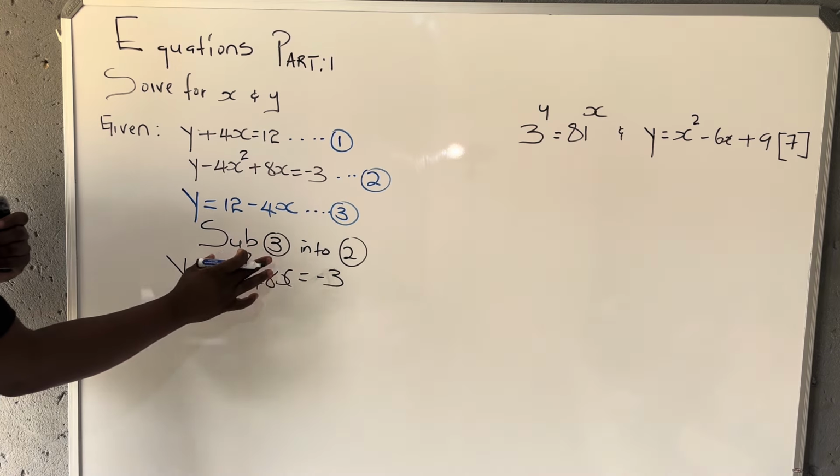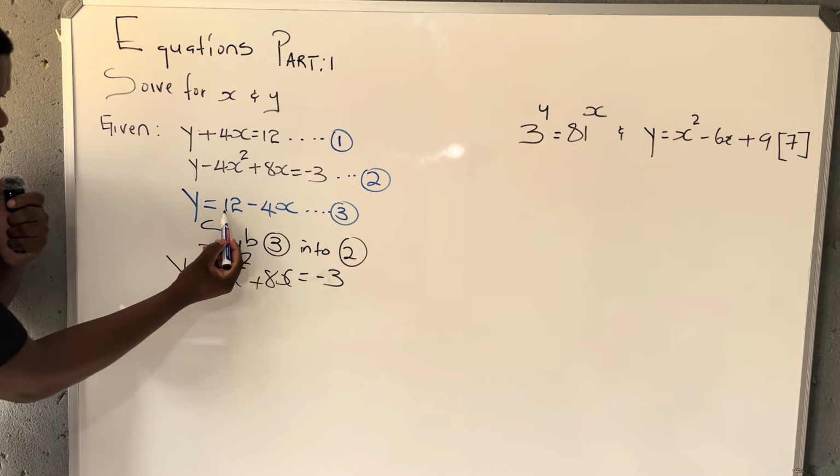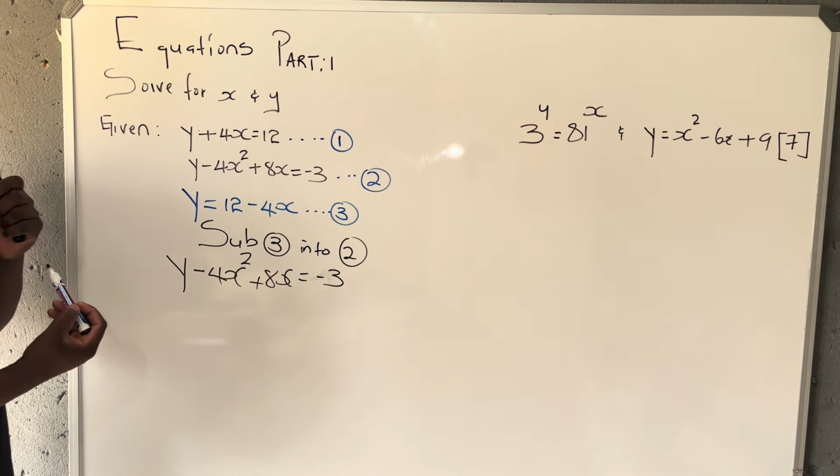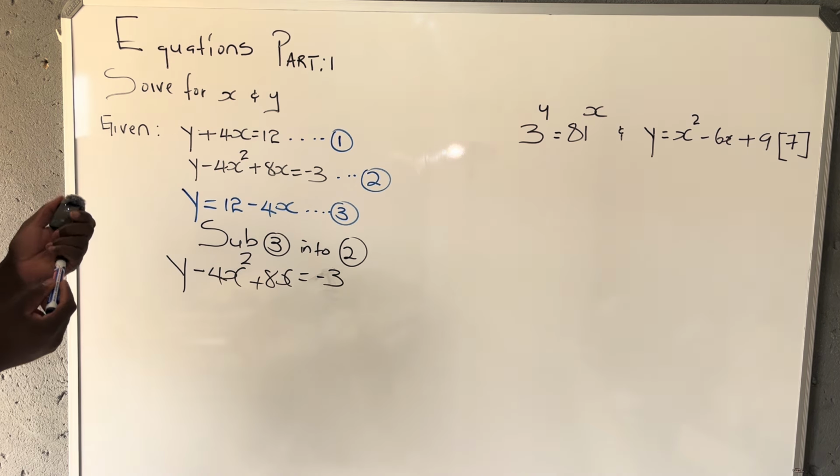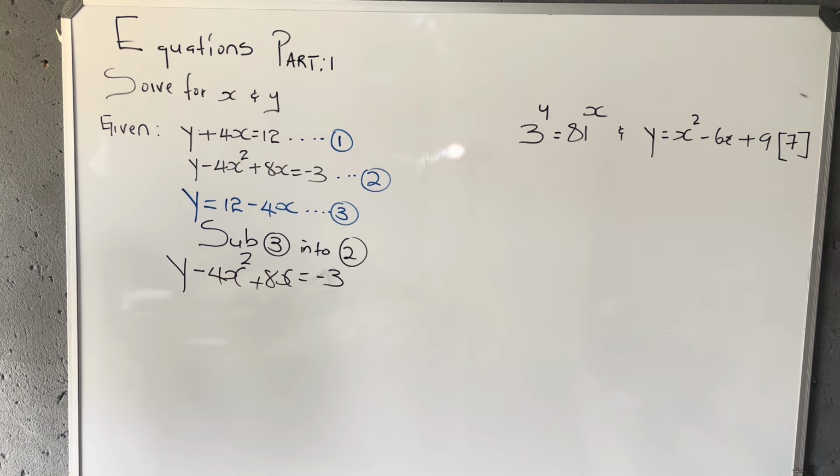What does this mean? Wherever I see y, I must put 12 minus 4x. So this is my y. Let me use a different ink. Wherever there is y, I must put 12 minus 4x, and the only y I have is this one.